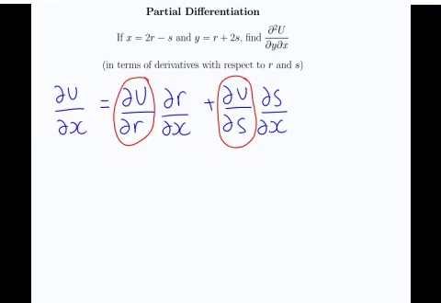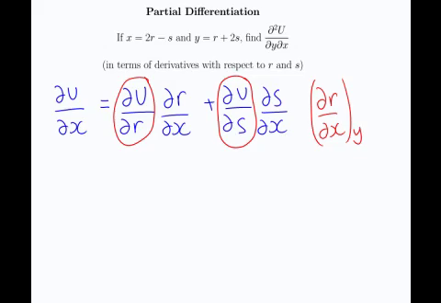It's the other two terms that it's important you understand what I do with. If I've got partial dr by dx, what that means is I'm treating r as a function of x and y. That is implicit when I write down the chain rule. X and y are coupled together as variables.